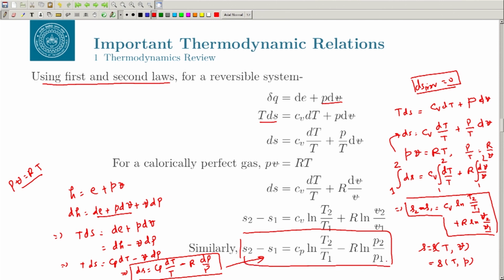So, your entropy depends on both temperature as well as pressure, even for the calorically perfect gas, unlike internal energy and enthalpy, which depend on only temperature. With this we will stop for the class today.